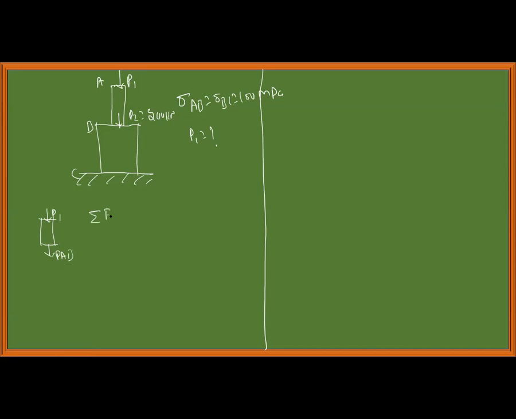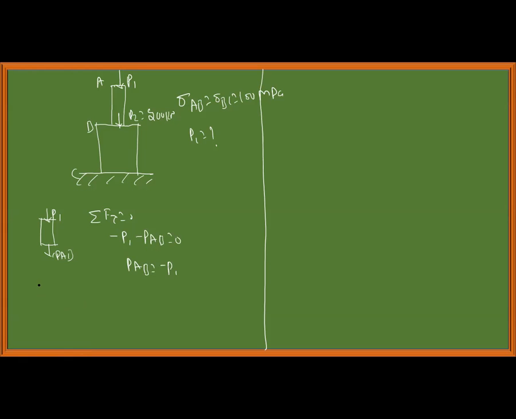Summation of forces in y direction is equal to 0. I can write minus P1 minus P of AB is equal to 0, or P of AB is equal to minus P1.